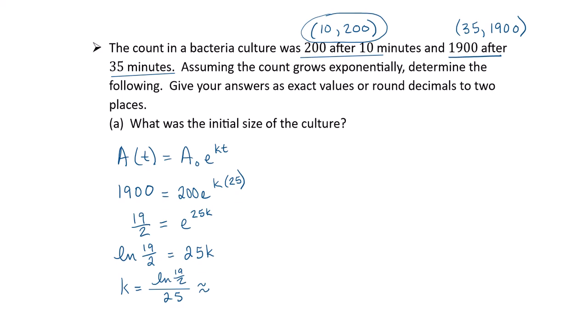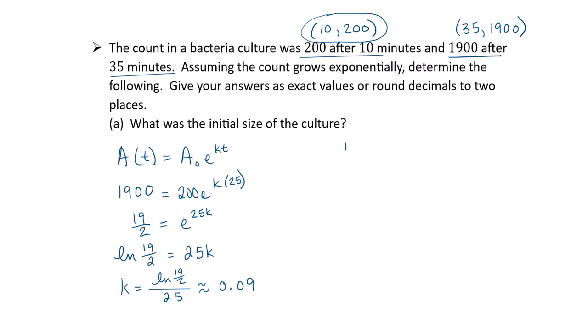And putting this into the calculator, I'm going to get approximately 0.09. Now, when I make future calculations based on k, I'll use the full unrounded value out of my calculator just to avoid round off error.